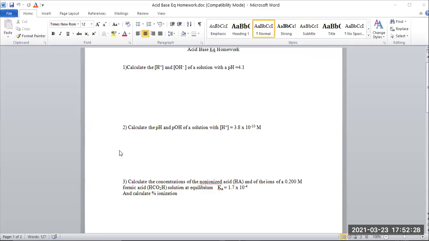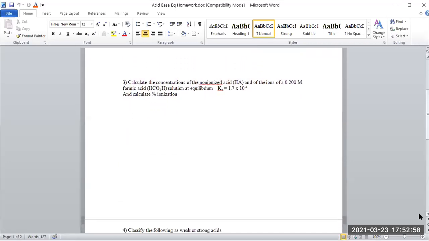The first couple are very much focused on use of the square, the pH and pOH and H plus concentration and OH minus concentration, and how if you know one part of that square, you can always figure out the other three parts. So that's the focus of the first two there.